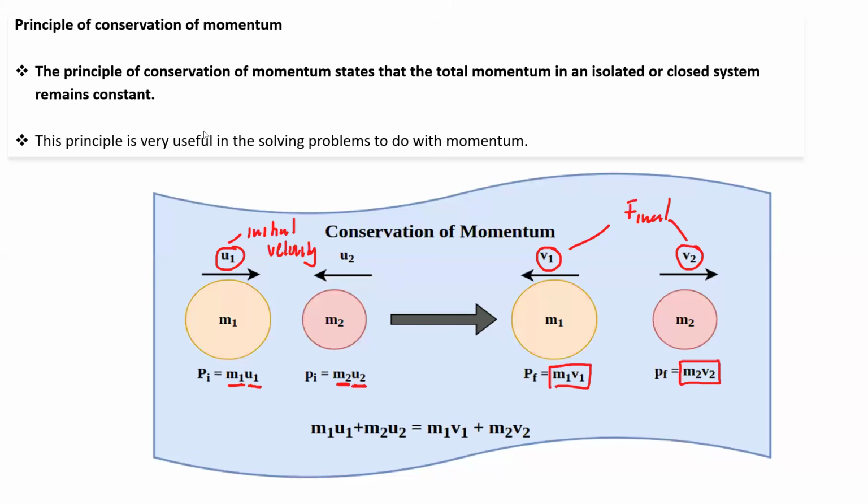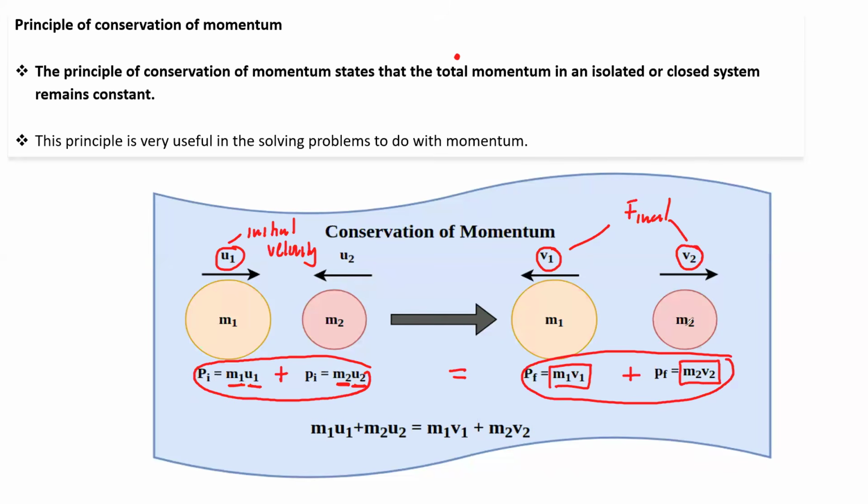And the principle says the total momentum, in other words, the initial momentum combining the momentum of object 1 and object 2, will be equal to the final momentum combining the momentum of object 1 final and object 2 final.